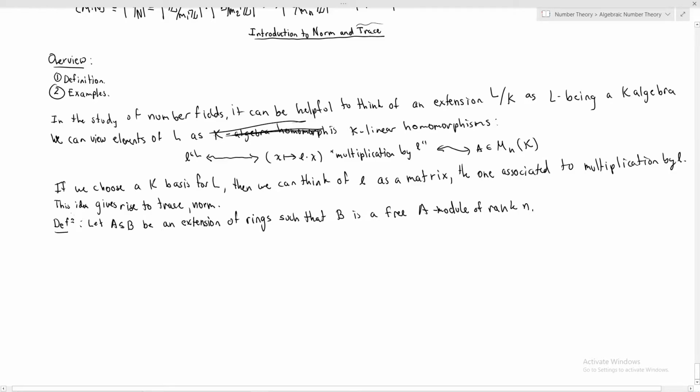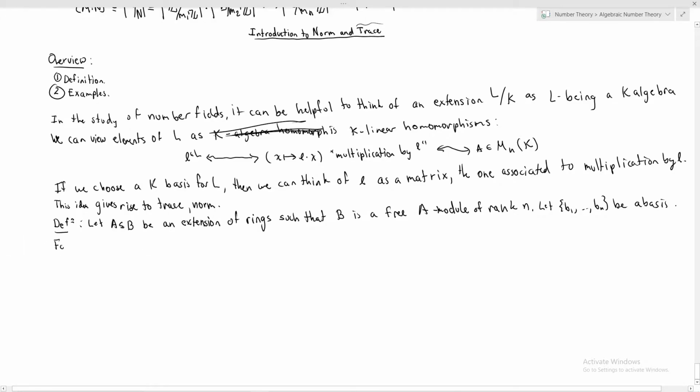We can't define these for any extension of rings, but if B is a finitely generated free A module, then we're in business. I'm going to pick a basis b1 through bn for B over A.